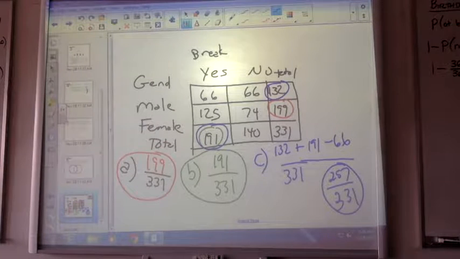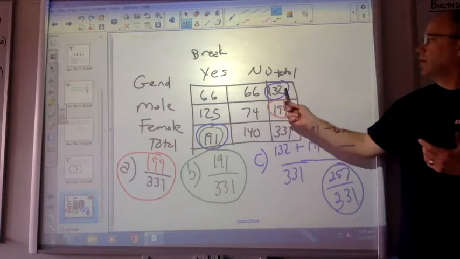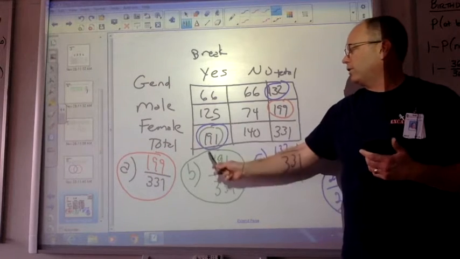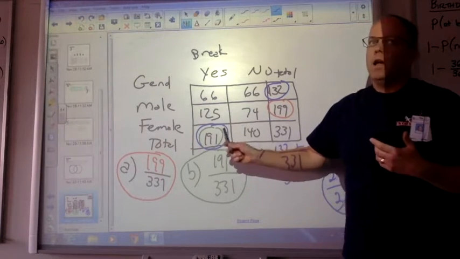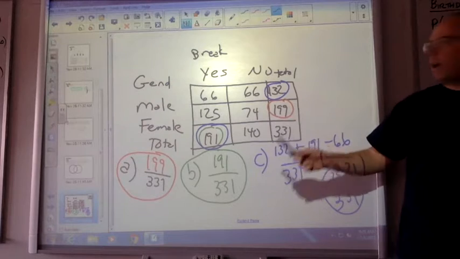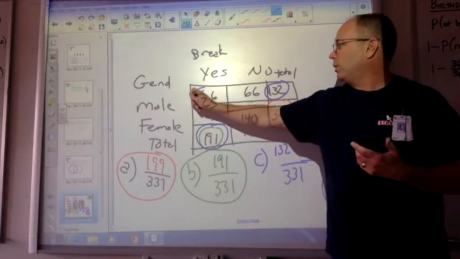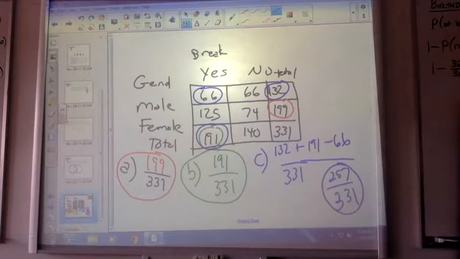Do we feel okay about that problem? That's a little bit different because I can't count the same region twice. Being we're talking about, hey, how many males were there? There were 132. How many people had eaten breakfast? There was 191. Who was a male and ate breakfast? There were 66, so we have to make sure we subtract that category. And that's a tougher one to think about. You just can't count that person twice.